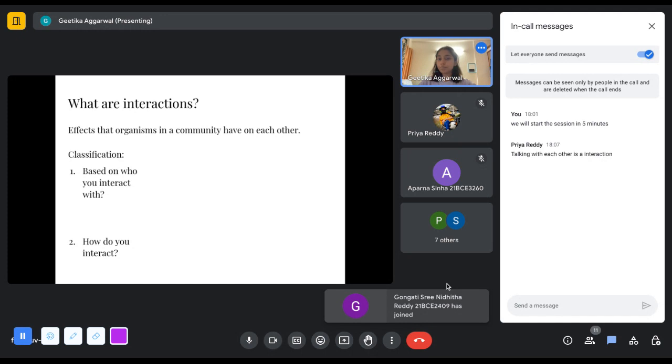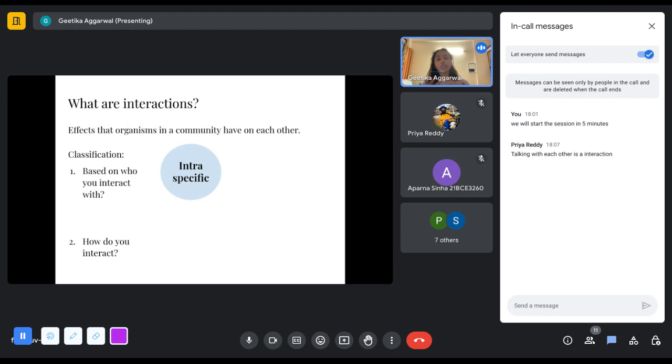Nobody? Okay. So, if you want to classify interaction based on who you are interacting with, one would be an intraspecific interaction, where you're interacting with your conspecifics, other organisms that belong to the same species as you do. So if I'm interacting with other human beings, that would be an intraspecific interaction.